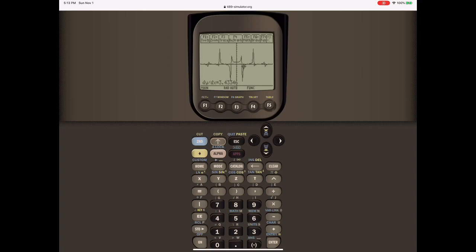Okay. I also need to find what the actual value was. So that's what I like about this. I can hit the home button, and then I'm going to use function notation. I'm going to type y1 of, I want to find it at 2, like so. And, oh wait, that's not very helpful if I want it as a decimal.